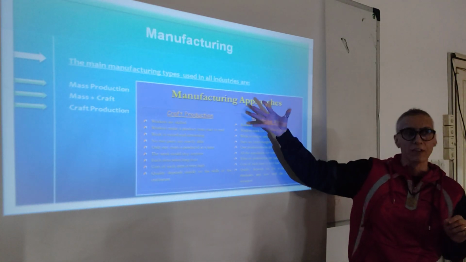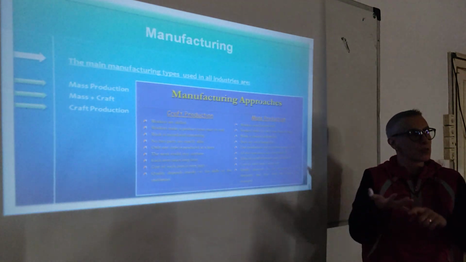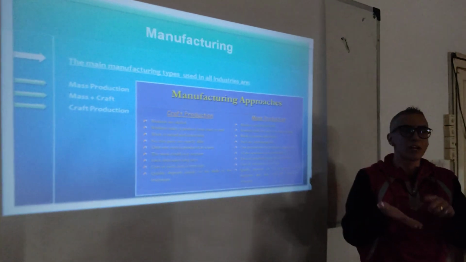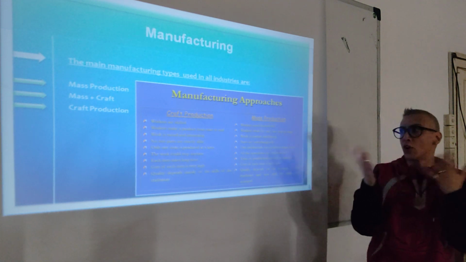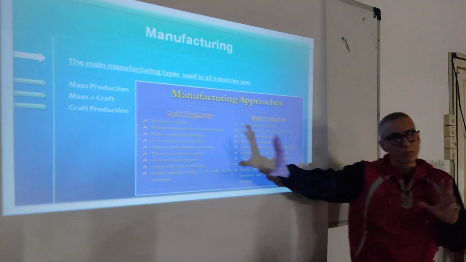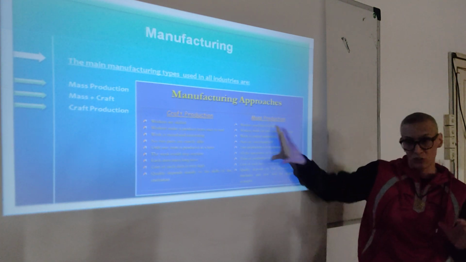Because what we're discussing here relates, as we will see later, to the cost, the final cost, and the quality. All of these things are interrelated. So craft production usually does not create as accurate work as mass production.